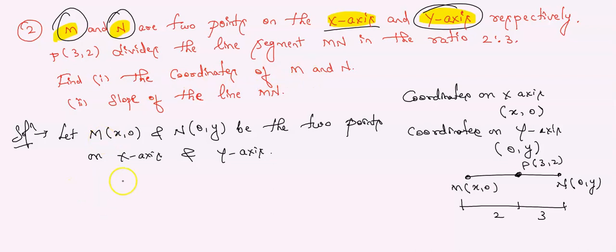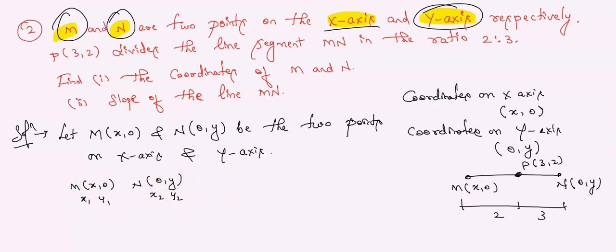So first let me write the data. The coordinates of M are (x, 0). Coordinates of N are (0, y). That's nothing but x1, y1, x2, y2. So x1 is x, y1 is 0, x2 is 0, y2 is y.